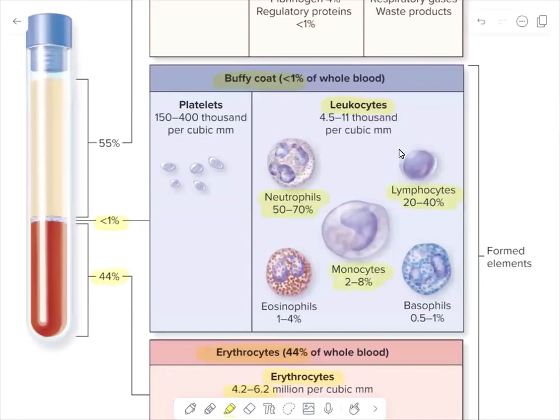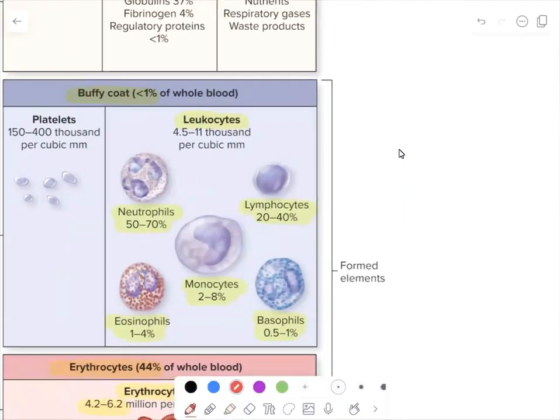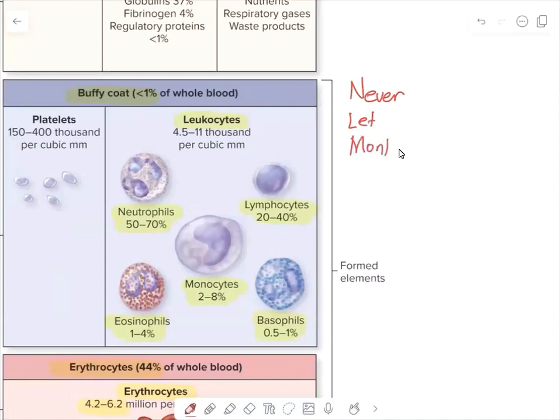Monocytes are 2 to 8. Eosinophils are 1 to 4. And basophils are 0.5 to 1%. A way that you can remember this is the mnemonic, never let monkeys eat bananas.